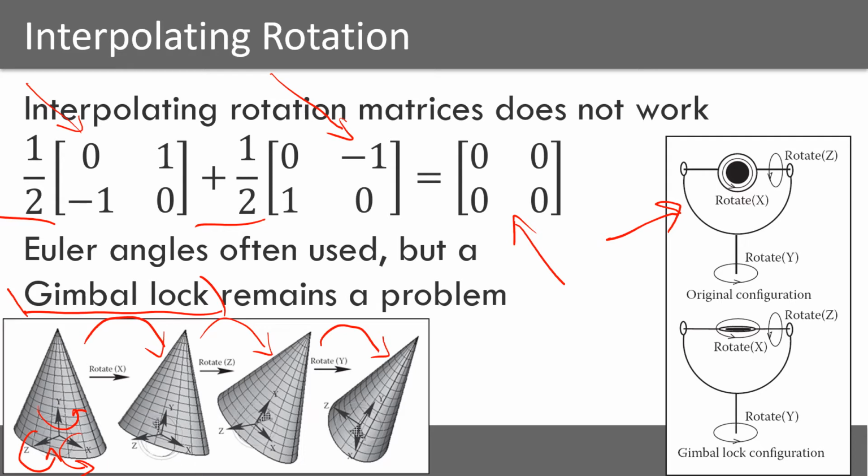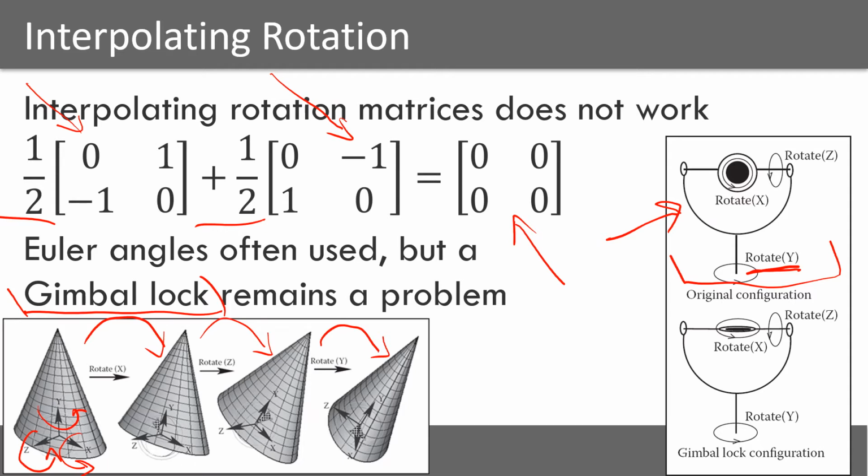The gimbal is a physical object which has a hierarchical ordering of rotations. The outermost rotation is around the y-axis. So if we rotate around the y-axis, the entire system rotates around the y-axis.